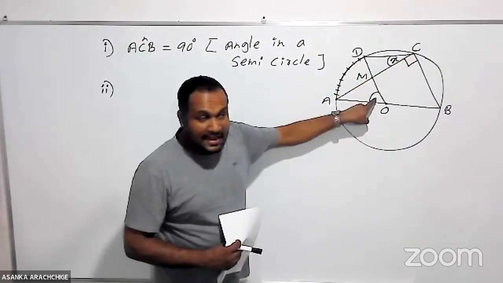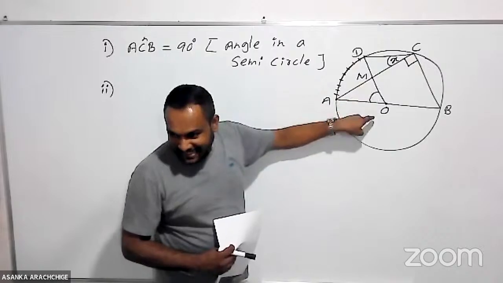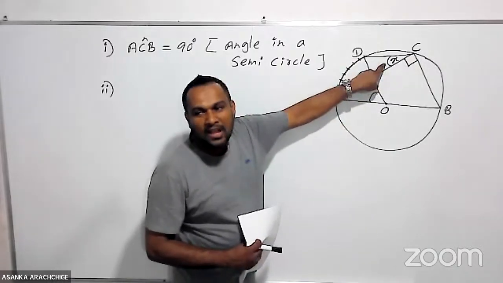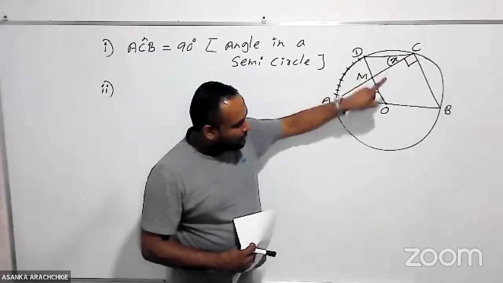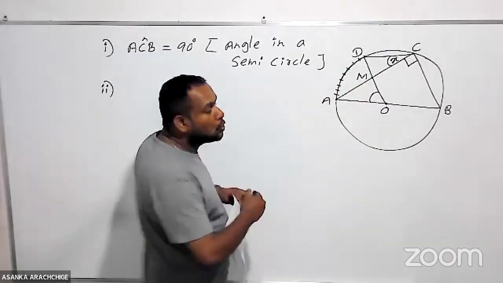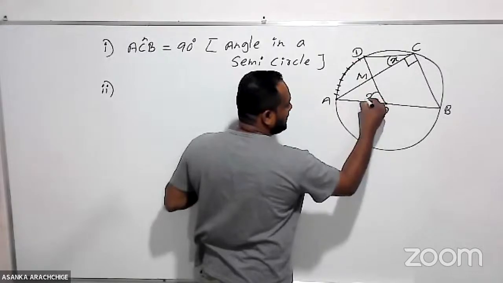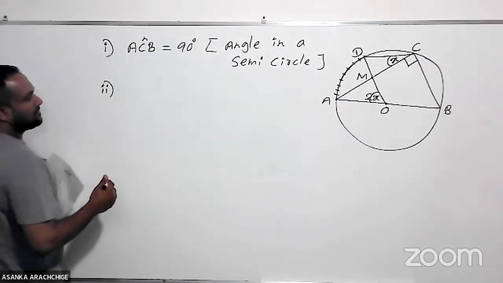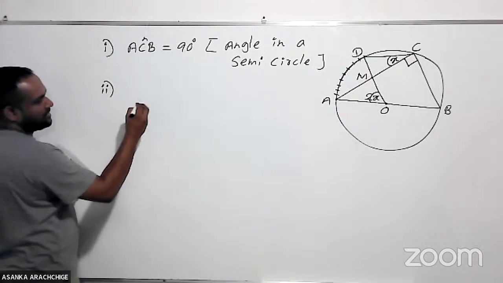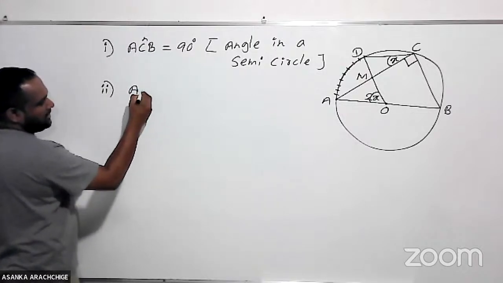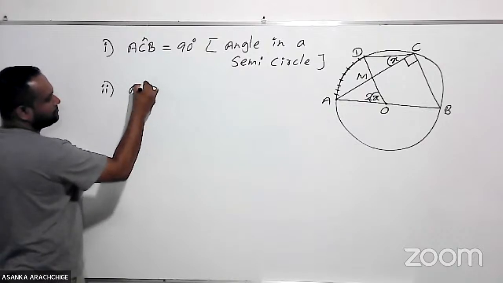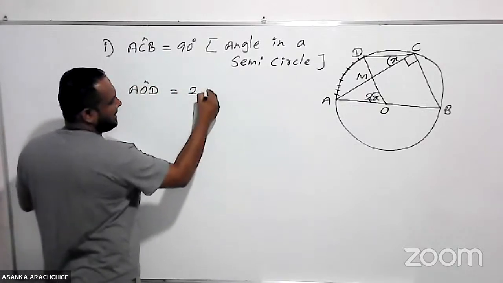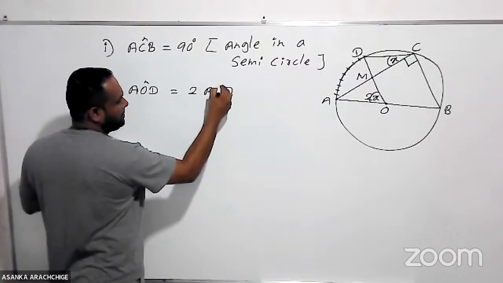Therefore, the angle subtended at the center is twice the angle subtended on the other arc. Therefore, this angle must be 2x. You can write like this. Angle AOD must be equal to 2 times angle ACD.